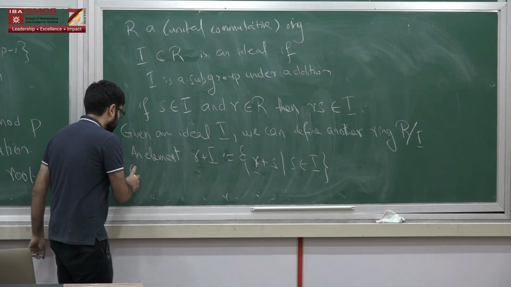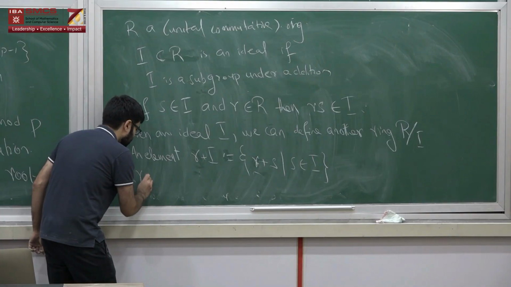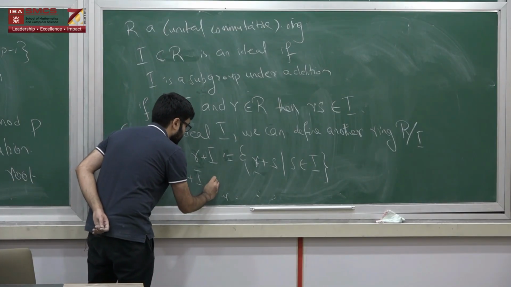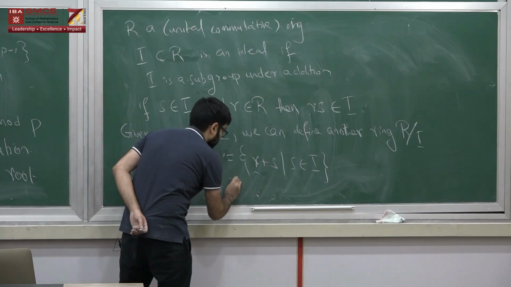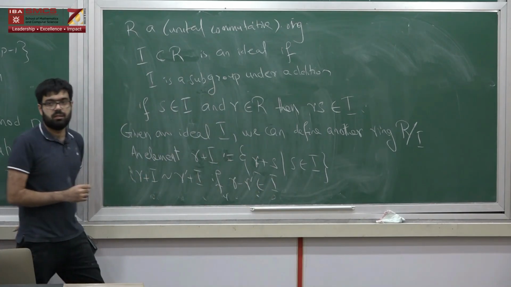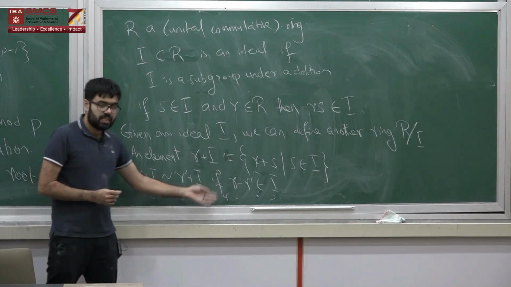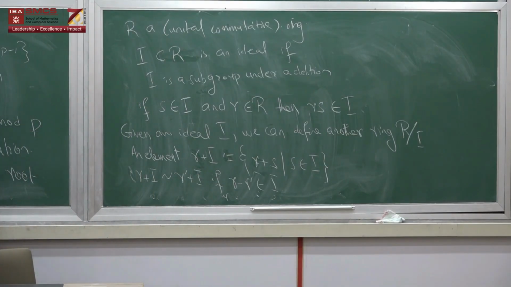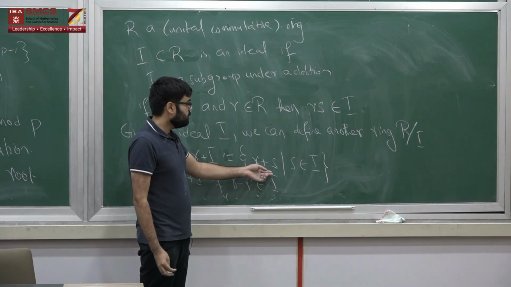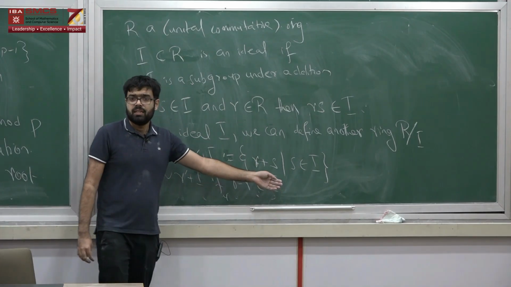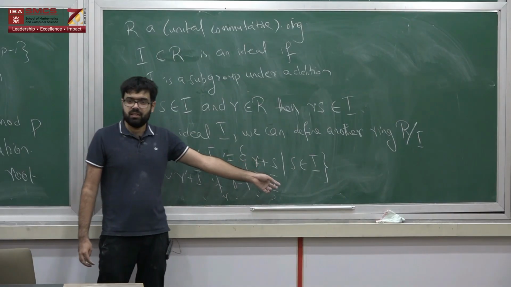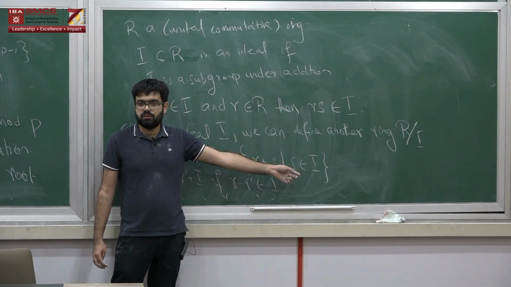So r plus I is the same as r prime plus I if r minus r prime is an element of the ideal. So they give me the same element. So this is like mod p. So what I am saying is identify those elements in your ring that differ by an element of the ideal.